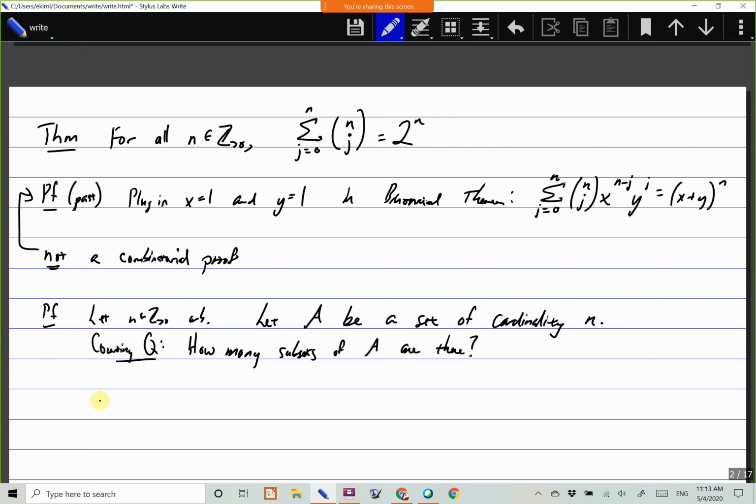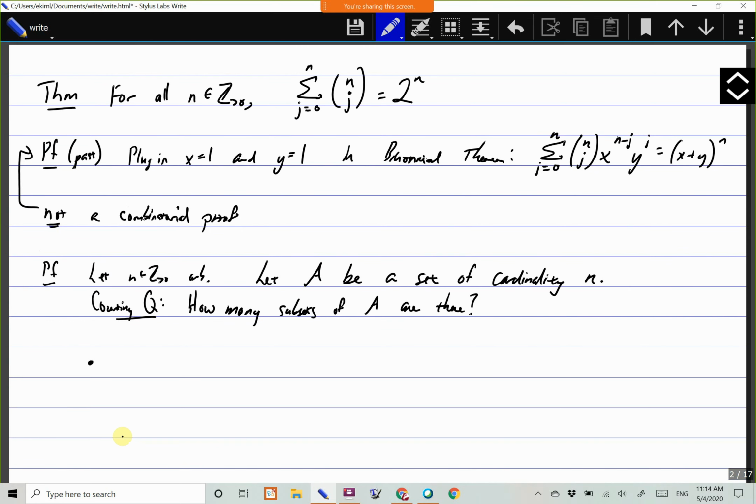Okay, so one way to answer this question is, first of all, there are n choose 0. If we write that out, n factorial over 0 factorial times n factorial.